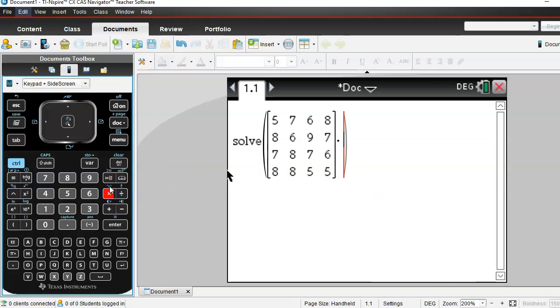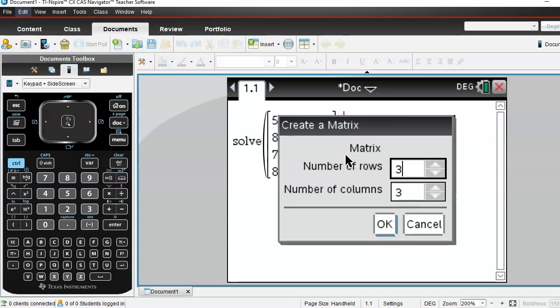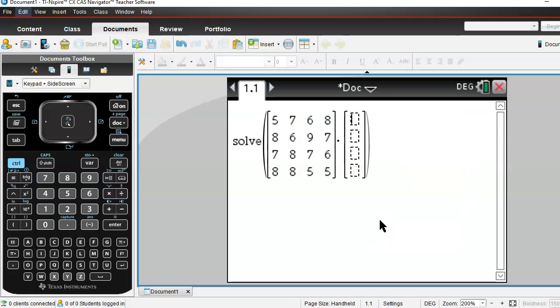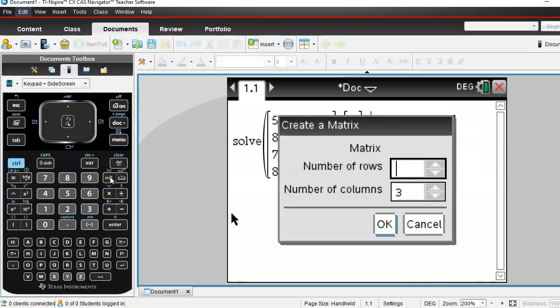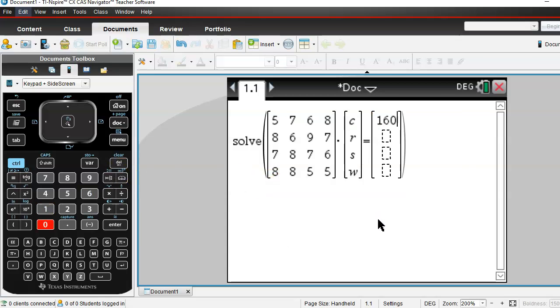Times by matrix, which is 4 by 1. So C, R, S, W equals another matrix, 4 by 1, 160, 172, 165, and 162.